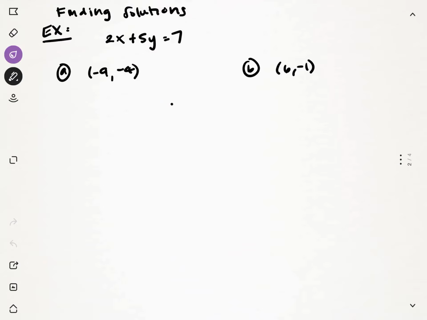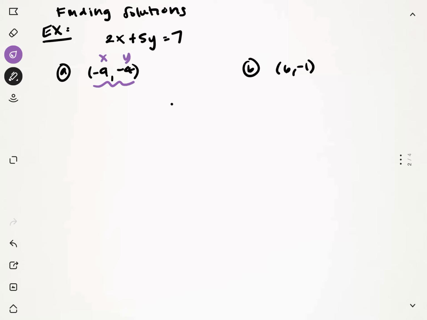The next one is the same idea, but they're asking if these are solutions. So we're trying to find out if the point that they're giving us is a solution. Each of these points has an x coordinate and a y coordinate. We're going to substitute into our equation and see if it comes out true.